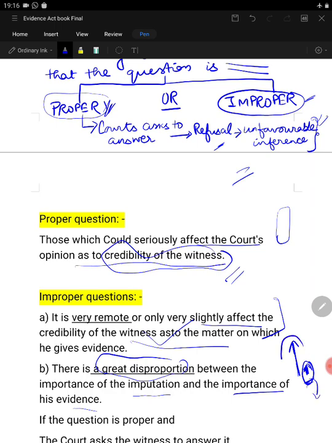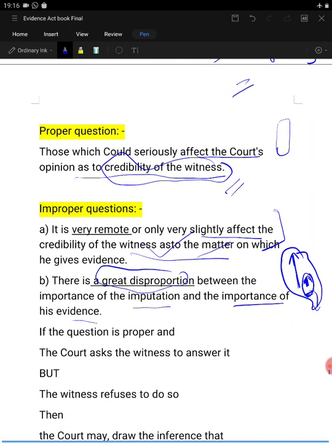So if this disproportion exists, then it would be an improper question. So improper questions are those which would very slightly affect the credibility or would not affect it, or where there is a great disproportion between the imputation that would be attached and the evidence that will be given.